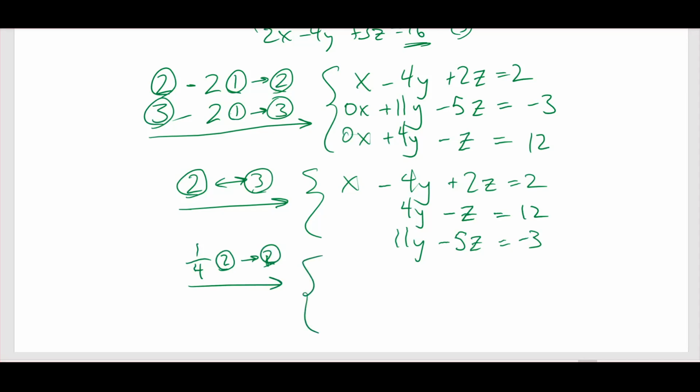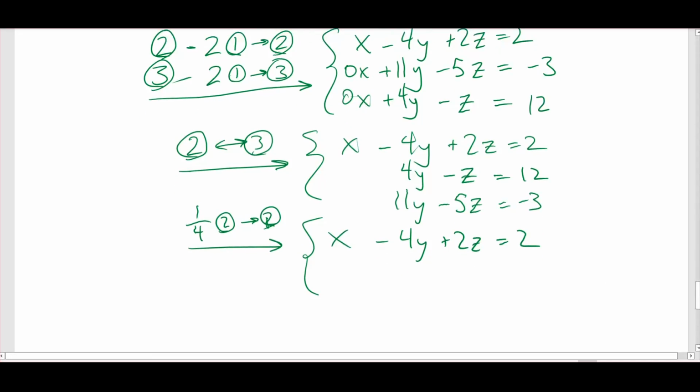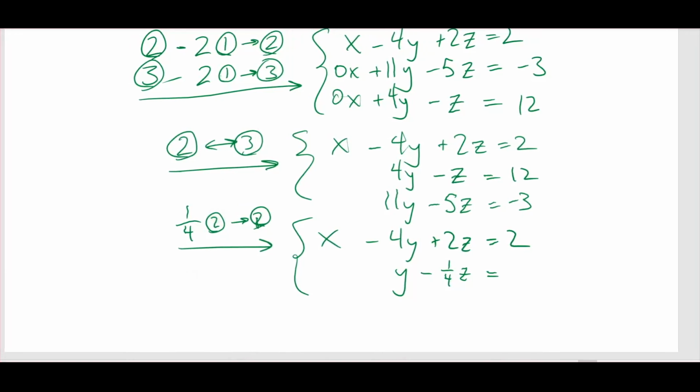Okay, so row 1 is the same, so x minus 4y plus 2z equals 2. And then 1/4 times row 2, we got 1y minus 1/4 z equals what? 12 divided by 4, that's 3. And then we've got 11y minus 5z equals negative 3.